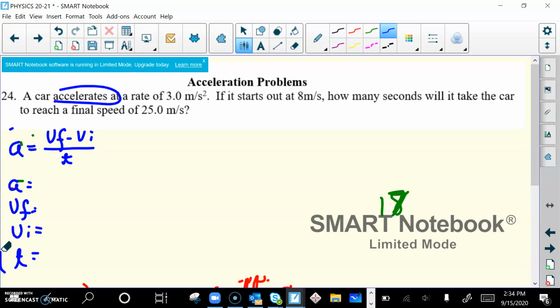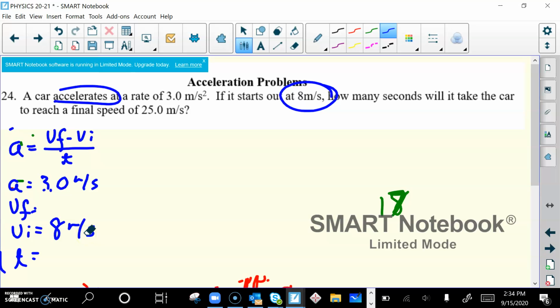So I break it down here. So let's read. The car accelerates at a rate of 3.0 meters per second. It starts out at 8 meters per second.